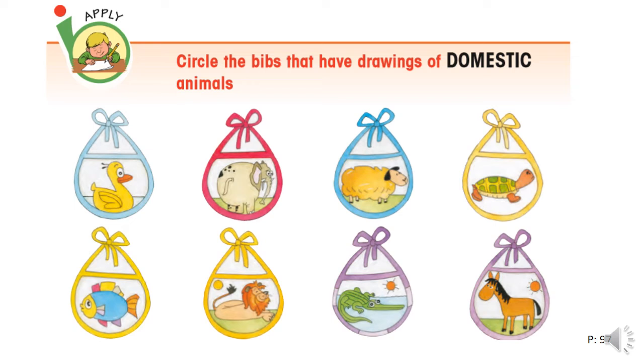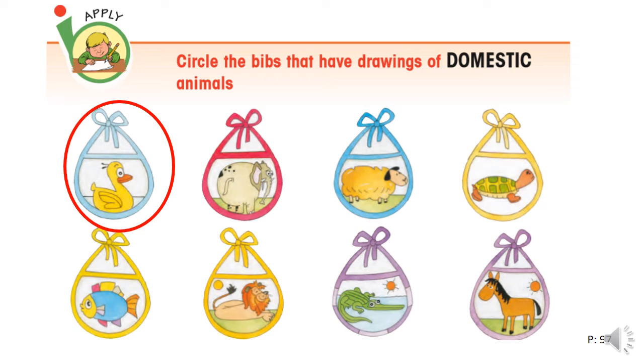So I have to circle the domestic ones. We will start with the duck. It's domestic. Yes, I have to circle it. Elephant? No, elephant can live inside the forest. We cannot allow this animal to be inside the farm, for example.